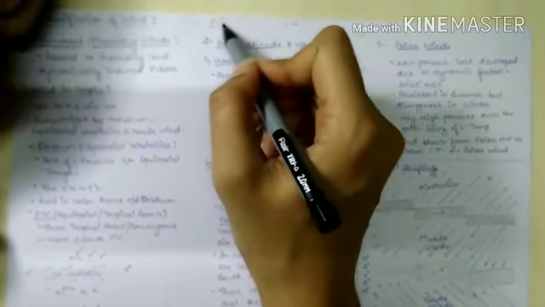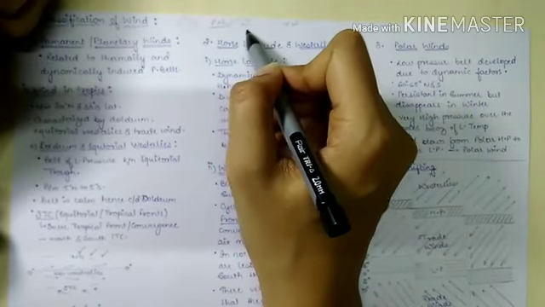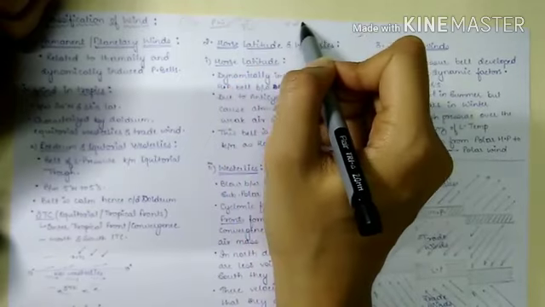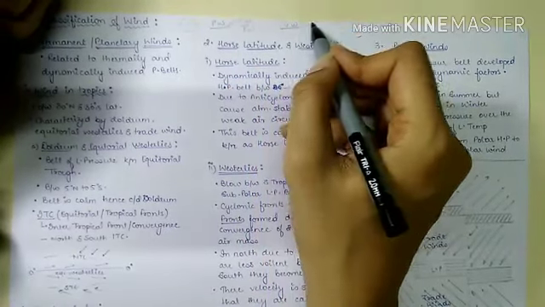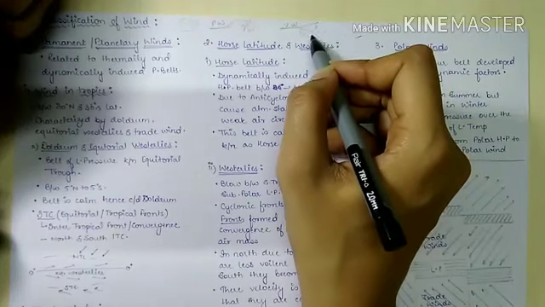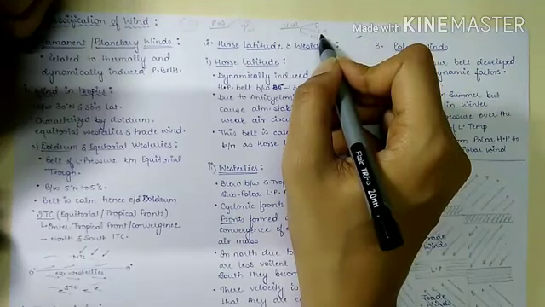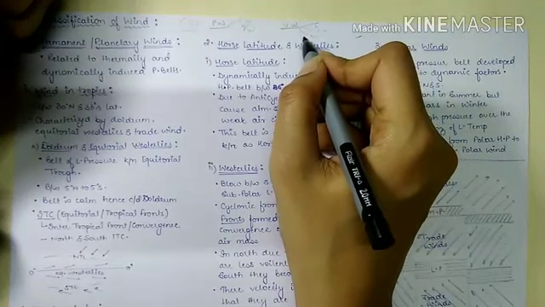Under permanent wind we have trade winds, westerlies and polar wind, and variable winds are further classified into four, that is seasonal wind, land breeze and sea breeze, mountain breeze and valley breeze, and lastly local winds.